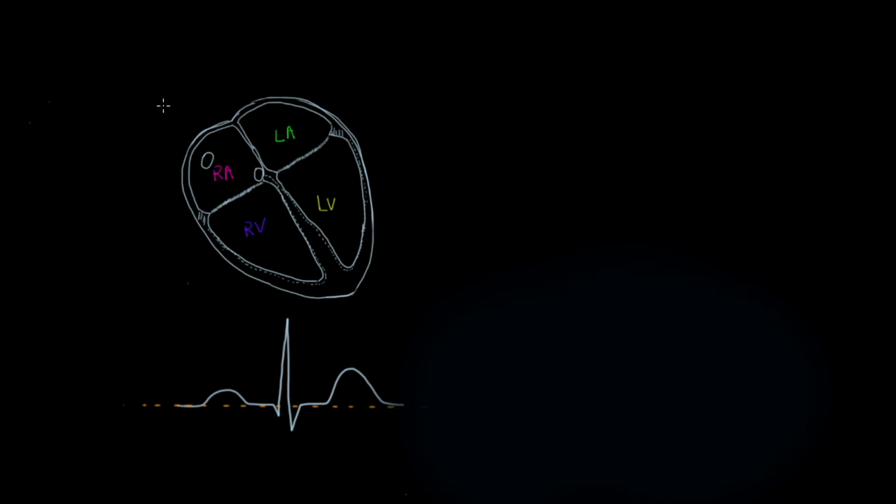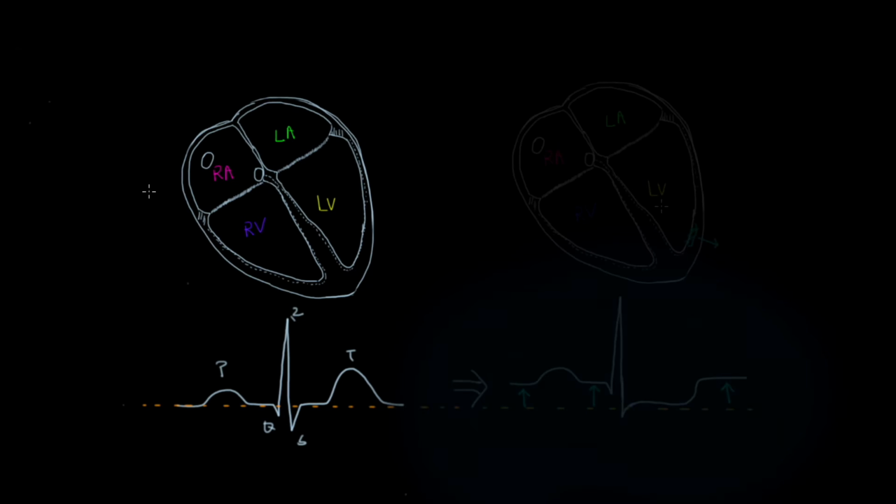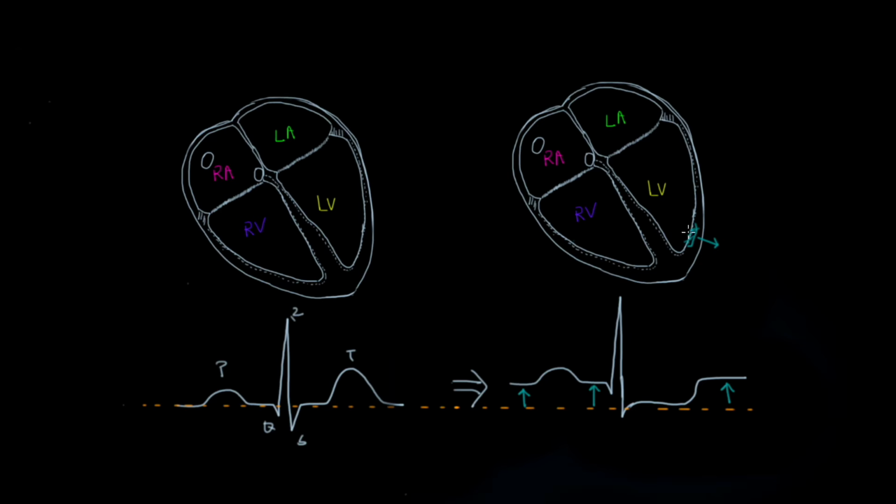So what this all means, if you have a regular heart and an ECG that looks normal, P wave, Q, R, S, and your T wave, what happens if you introduce an element of ischemia is like this. You have your sub-endocardial ischemic region with an overall persistent vector of charge moving outwards away from it.